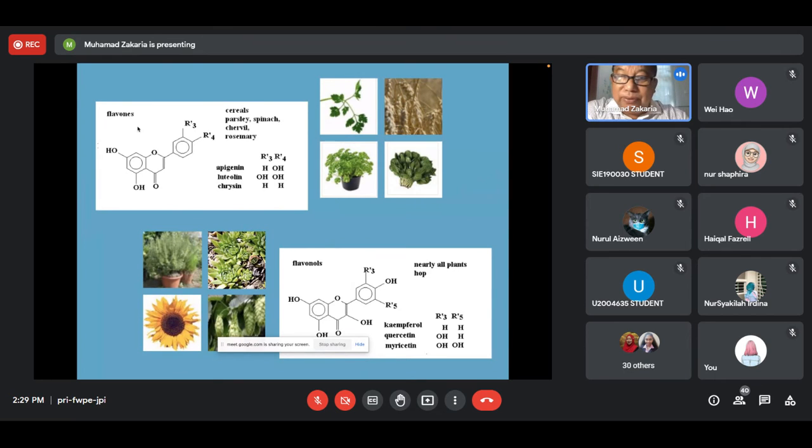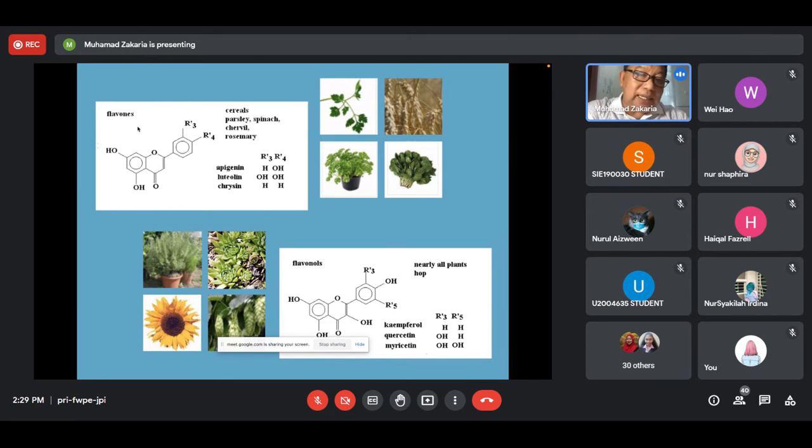Flavones. These are where you can find flavone: in vegetables, some mustard greens, and some in wheat. But flavones are very important substances.